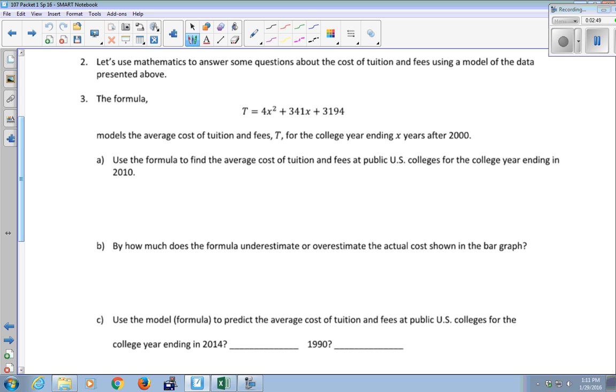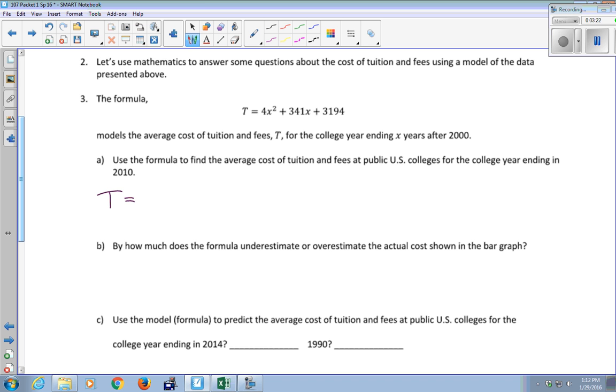So I want to use the formula to find the average cost of tuition and fees in 2010. They're asking me to find tuition and fees, and they're giving me a year. So which am I going to be plugging into, X or T? X. Okay. And what am I going to plug in for X? 10. Why just 10 and not 2010?